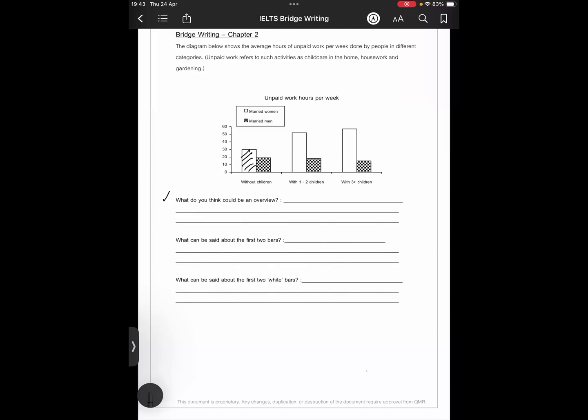All right. So, what do you think should be a good overview for this particular chart here?